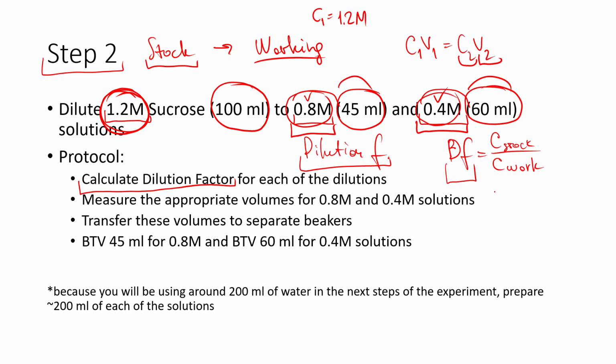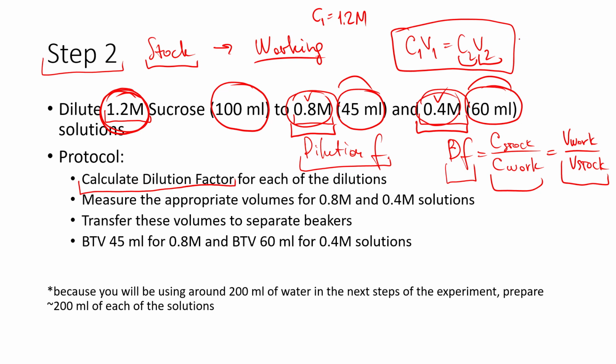So for example, we go from the dilution factor, and for the dilution factor, of course, it will be V work divided by V stock. So this equation comes from this, and again this is the mother formula.